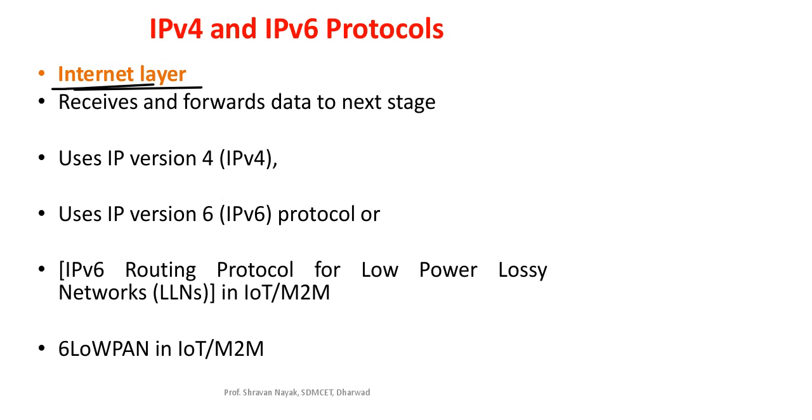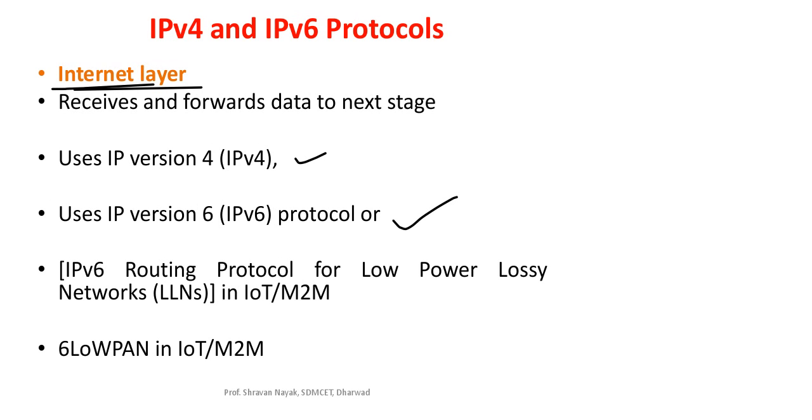So internet layer receives and forwards the data to the next stage and uses the version IPv4, or it also uses the version IPv6, and you have got one more thing, right? Routing protocol for low power lossy networks, RPL, right?